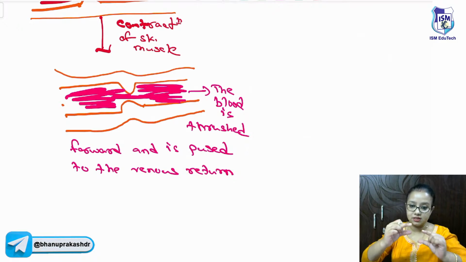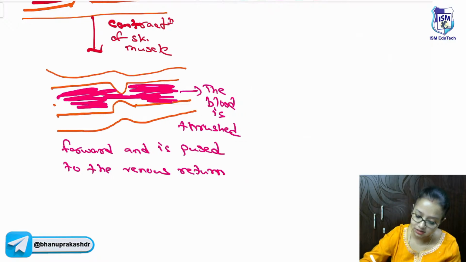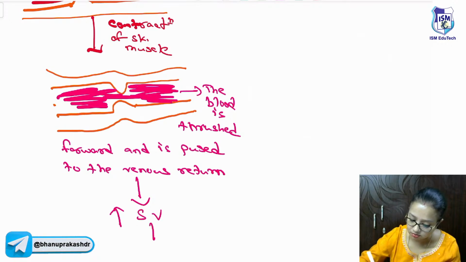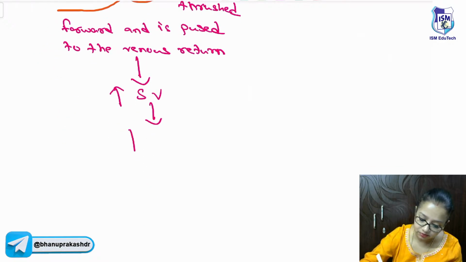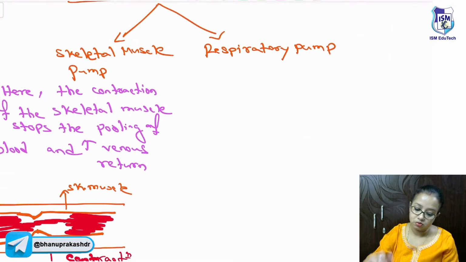They are not staying in the vein. So the pooling, the staying of the blood in the vein, is reduced. As a result there is increase in the stroke volume, leading to increase in the cardiac output. This is how the muscular pump works.